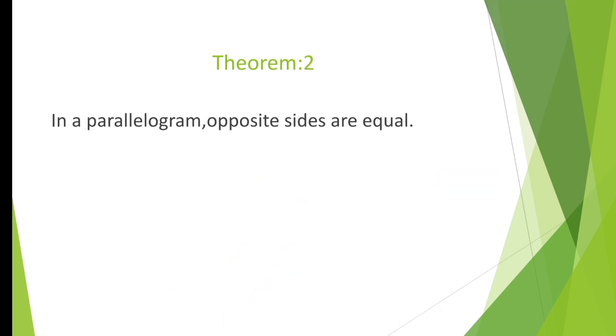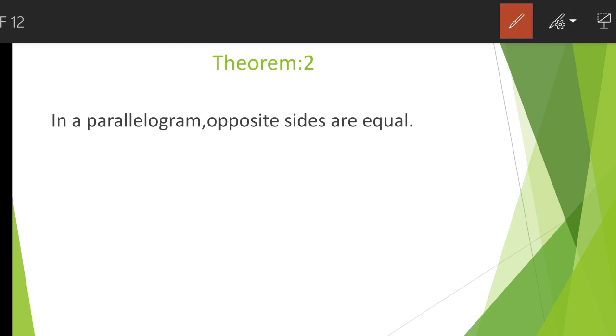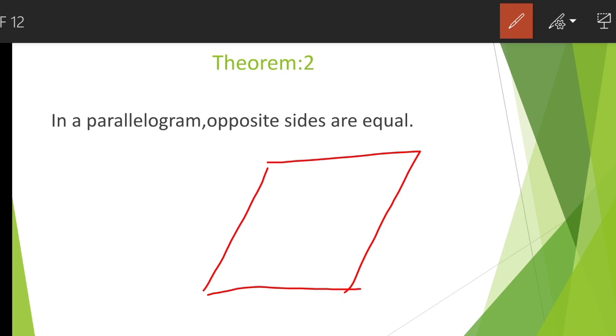The next theorem, theorem 2: in a parallelogram, opposite sides are equal. By the word itself, a parallelogram means the quadrilateral will be parallel in nature, so the opposite sides will be parallel, and the theorem says the opposite sides will also be equal.